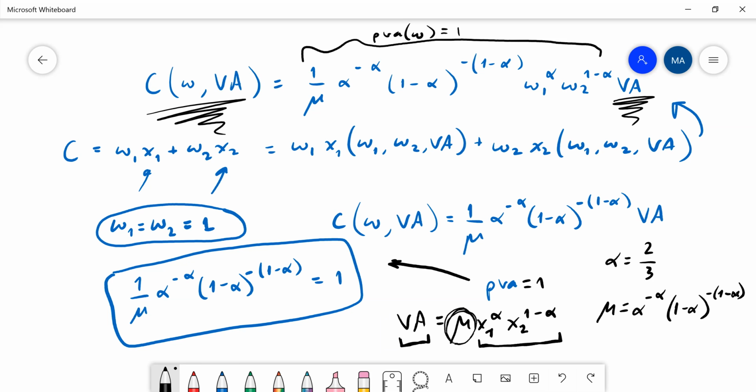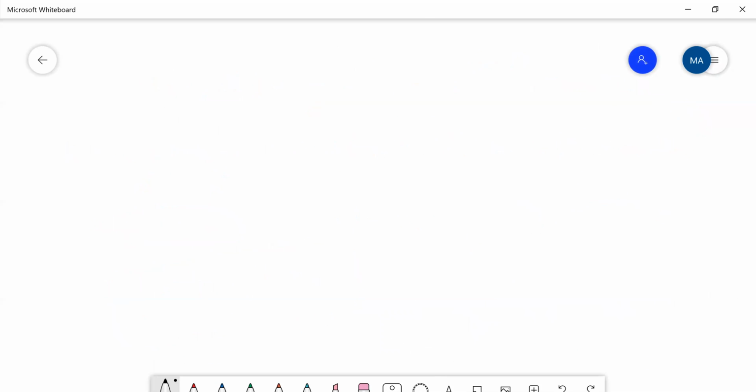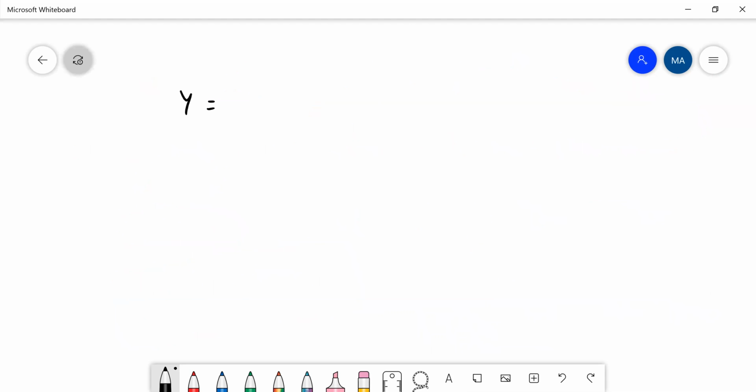Now, at the very end, I will show you the CES production function. Remember the CES production function. It is like this: alpha 1 x1 to the rho plus alpha 2 x2 to the rho, all to the power of 1 over rho.